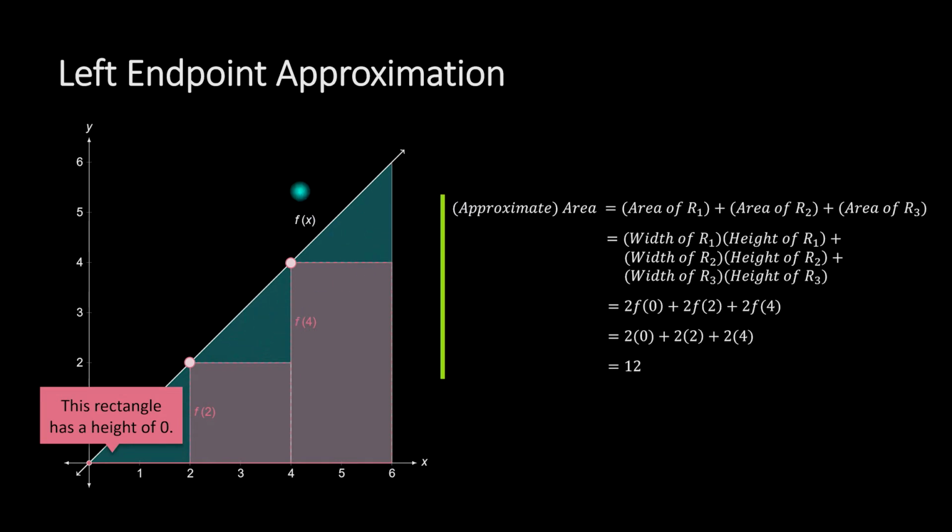So it's not surprising that I get some underestimate. And just like with the right endpoint, that's not always the case. It is not true that the left endpoint will always give you an underestimate. It could be under, it could be over. It always depends on the function. Here, it just happens to be an underestimate.